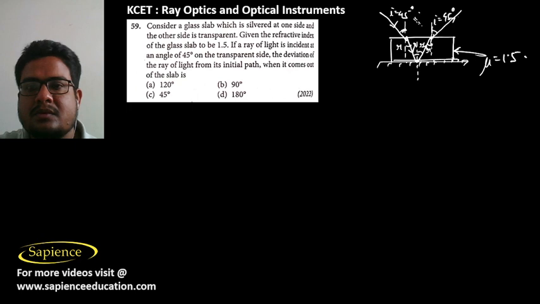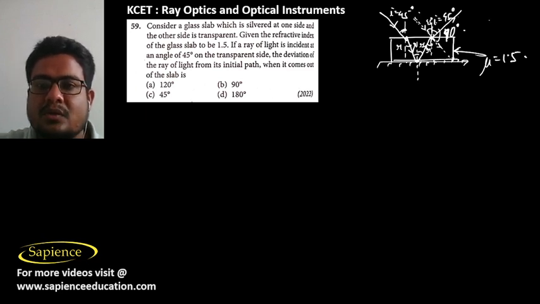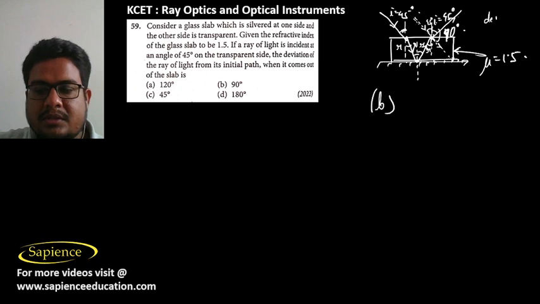This deviation is 45 degree on each side, so the angle of deviation will be 90 degrees. So from the original path of the incident ray, it has deviated by an angle of 90 degrees. So option B is the correct answer.